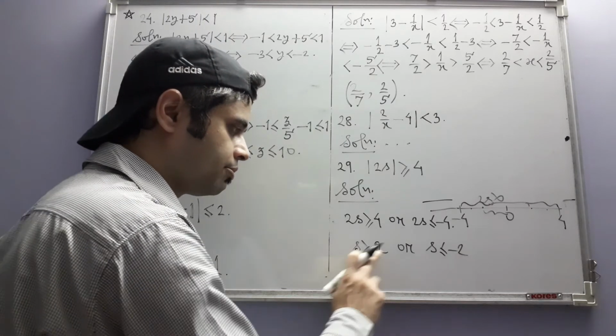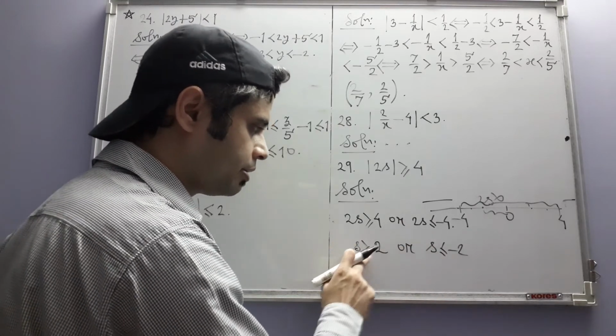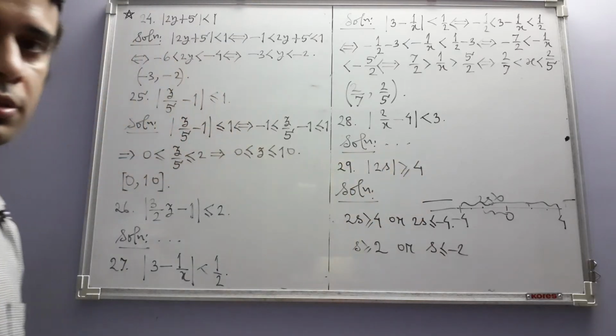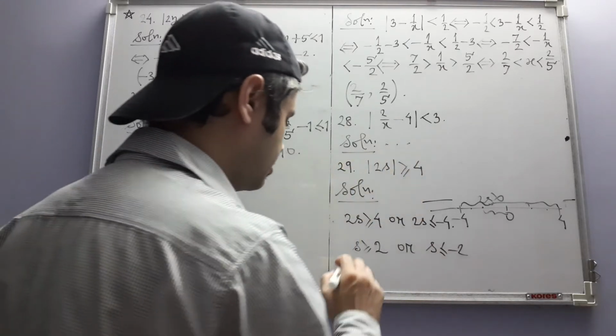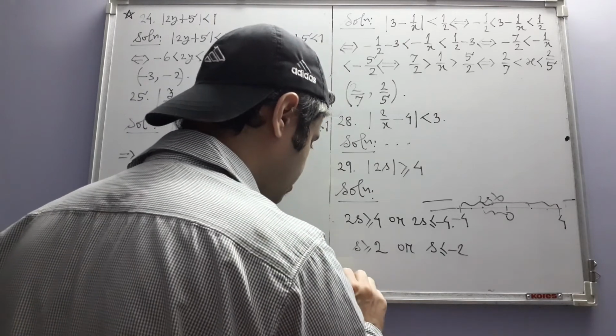Conversely also, if you have a real number which satisfies either this inequality or this inequality, you can easily see that this inequality is also true. So that's why the solution set in this case is a union of two intervals.